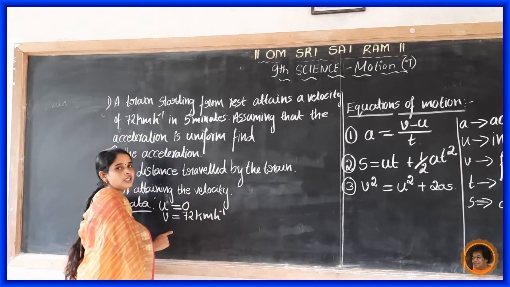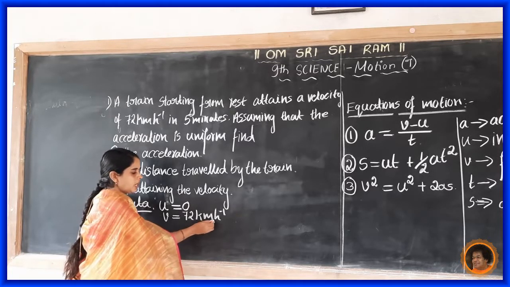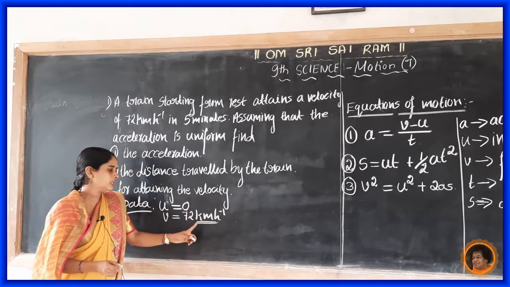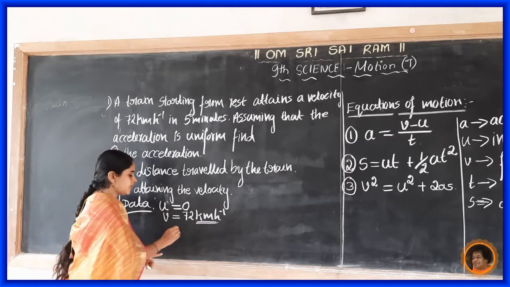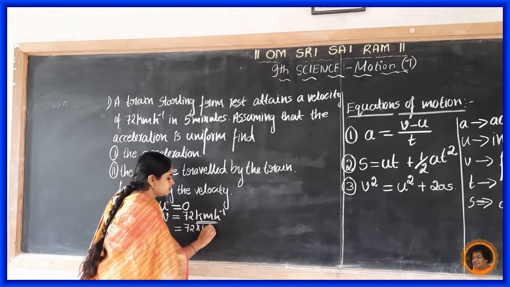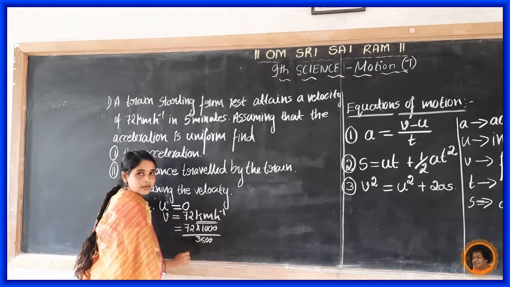The SI unit of velocity is meter per second, but here it is given in kilometer per hour. So convert this into meter per second. How to convert? 72 into 1000 divided by 3600.